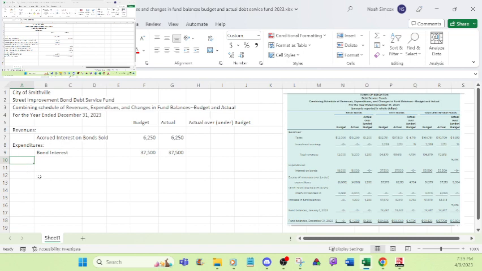And then excess of revenues over under expenditures. Underlined. Was that necessary?